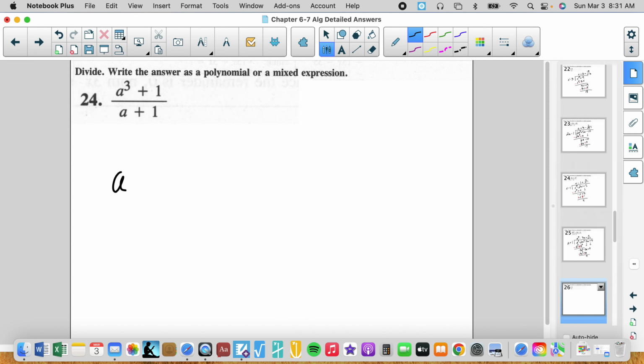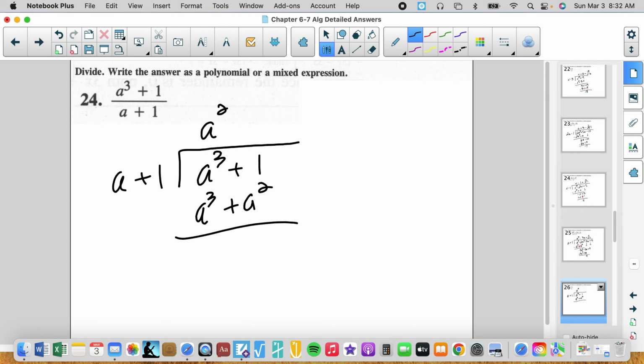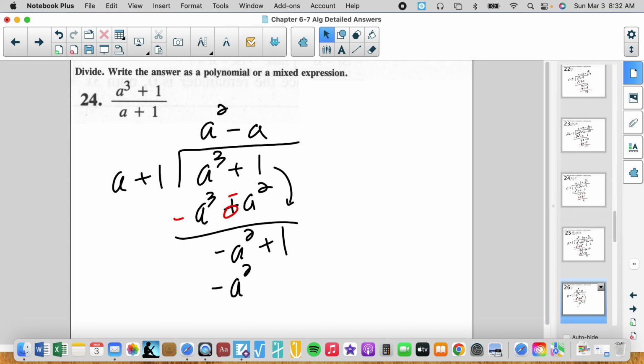All right, a plus 1, and we'll get some leftovers here. So multiply it by a squared, a cubed plus a squared. Change them. So you get negative a squared plus 1. Bring that 1 down. You're going to multiply it by negative a, which is negative a squared minus a.